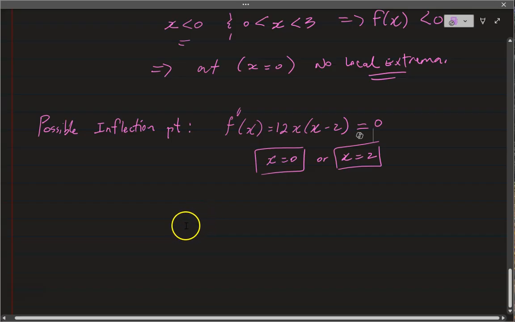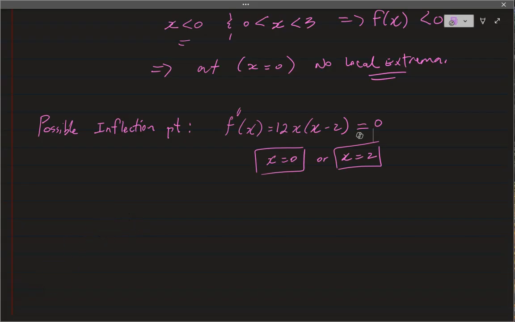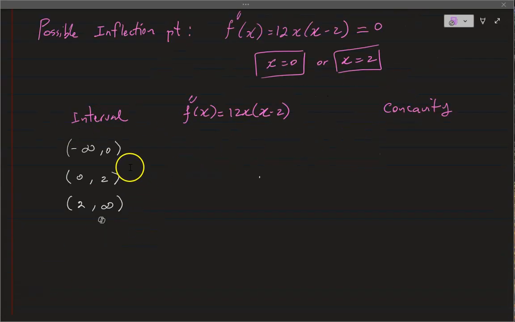And then we have to do a test interval between these two values to see if the value of f double prime changes sign. Okay, let's do the table. So here is a table, and these are the intervals. We're going to look at the values that we found by setting the second derivative equal to 0.